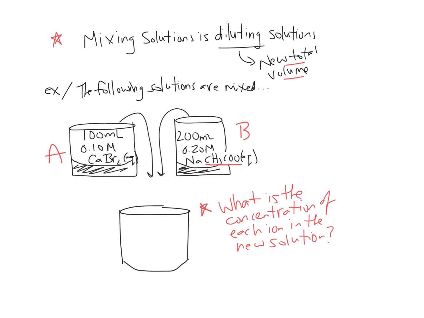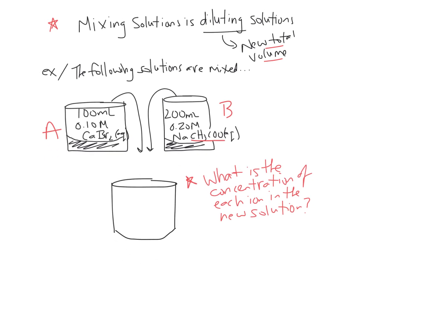Where we would start with this is we would look at each individual salt that was already dissolved, because that's where the moles of each ion are coming from. Remember, if we need to do concentration, we know the concentration is moles over volume.